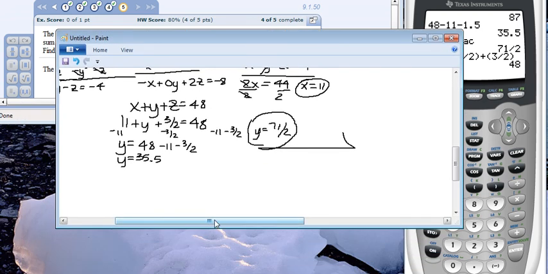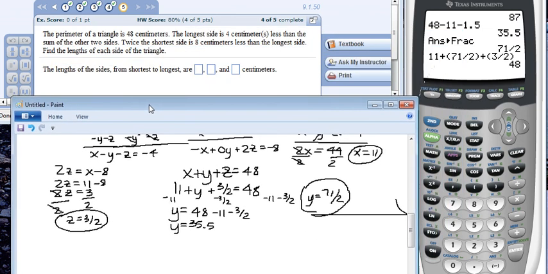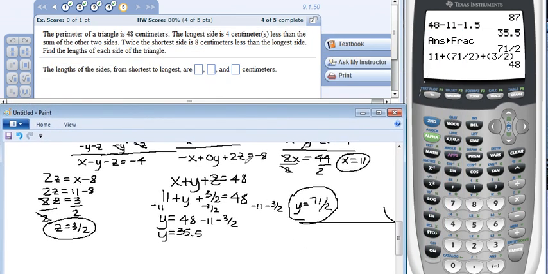You know what I did last time? For some reason, I bumped that. I don't know how the heck that button bumps it, but okay. The longest side, x, is, okay, so we're going to add 3/2 and 71/2.